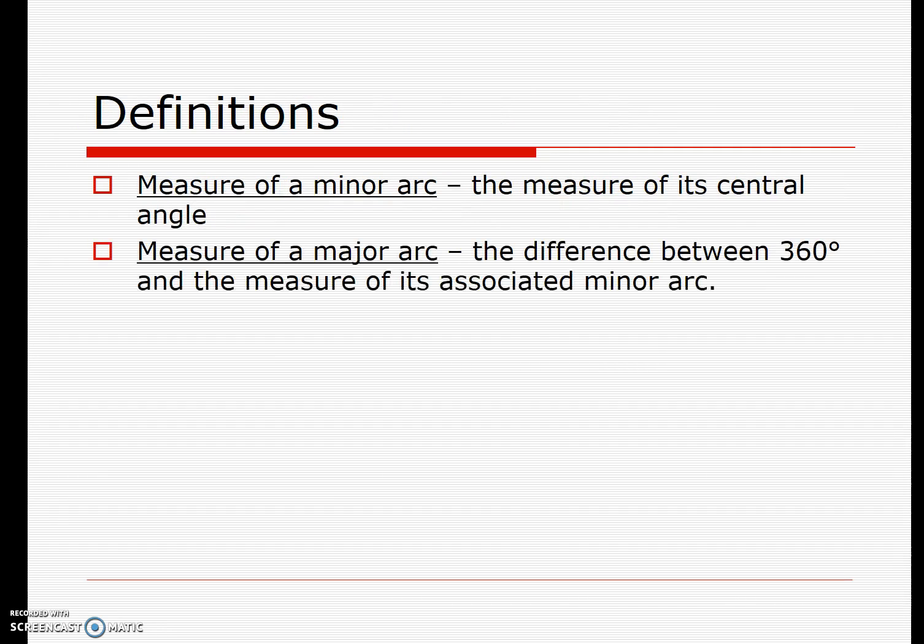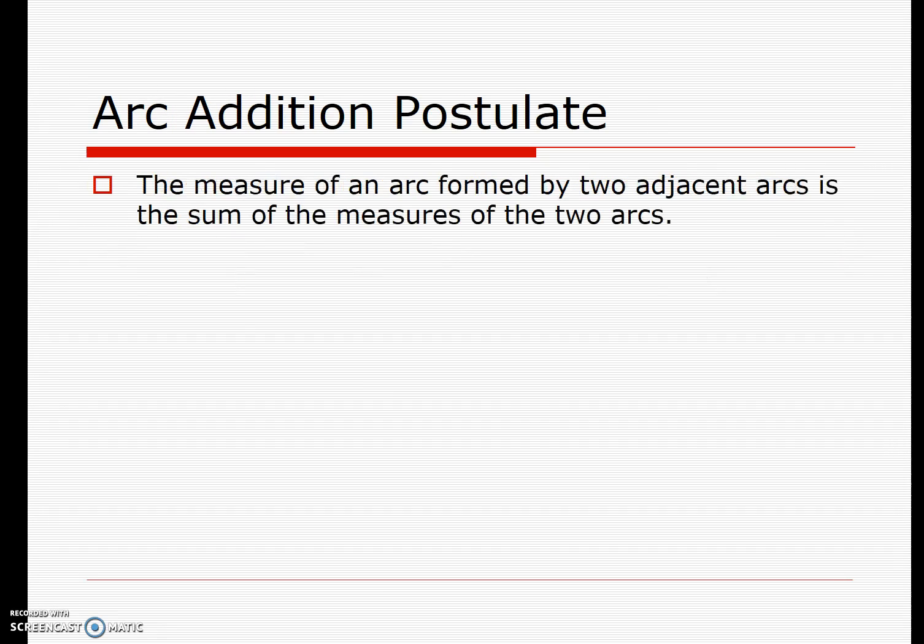There's another way that we can also find the measure of a major arc, and that's using this postulate here. So ding ding ding, postulate, that means take out that sheet and start writing. The arc addition postulate is essentially telling us that we can find the measure of an arc when we have 2 arcs sitting next to each other, and we can find it by adding them together. Kind of like when we talked about segment addition or angle addition.